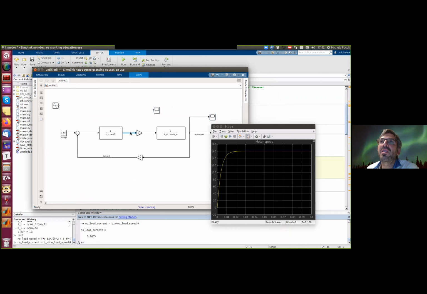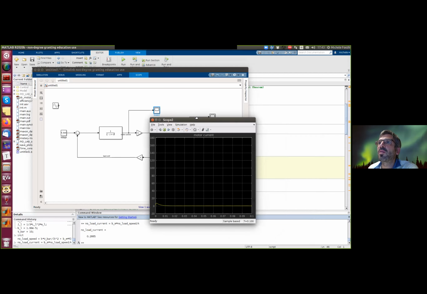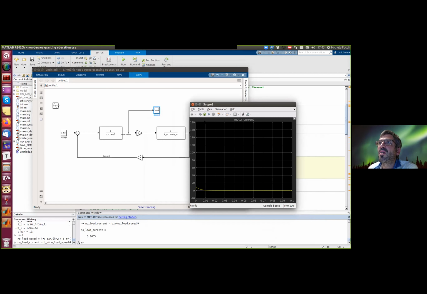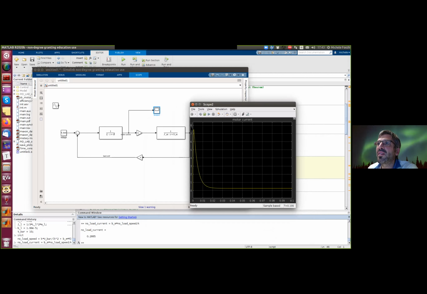And the current we say is here, motor current at the output of the electrical dynamics before the torque, and of course we need to resimulate everything.